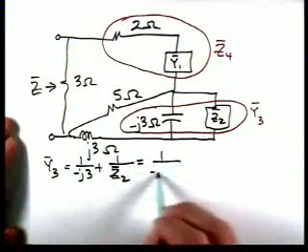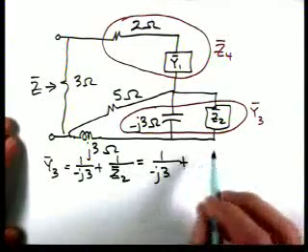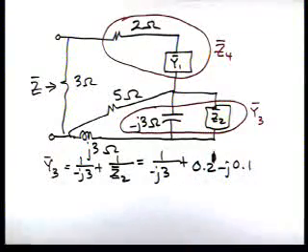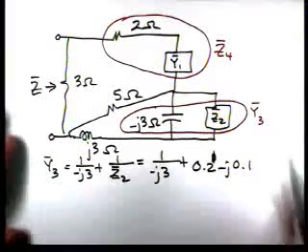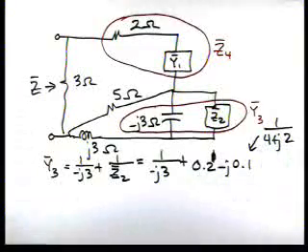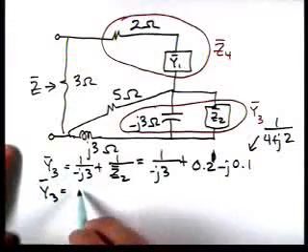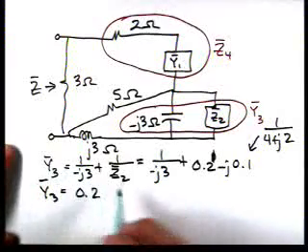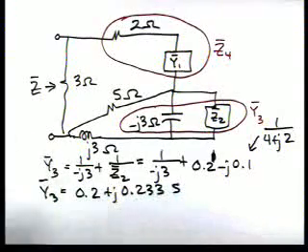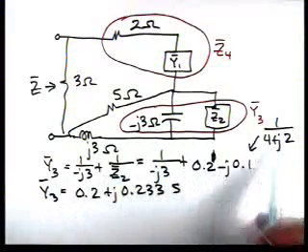So we have 1 over minus j3, this becomes 0.2 minus j0.1... or let's see, 1 over minus j3 is j0.333. And 1 over Z2, okay, so this is 1 over 4 plus j2, which is 0.2 minus j0.1. So then Y3 becomes 0.2 plus j0.233.